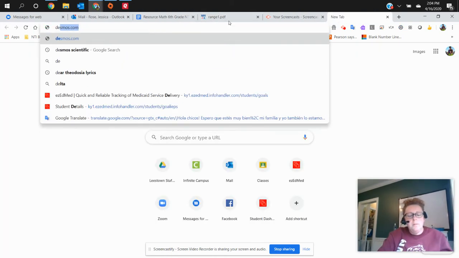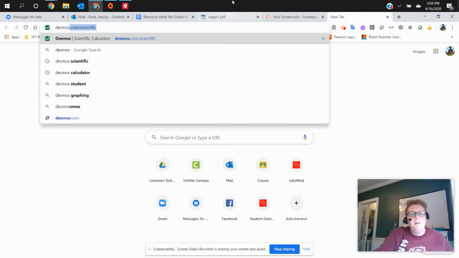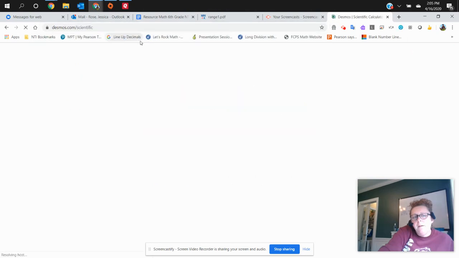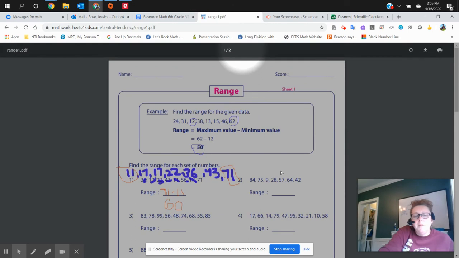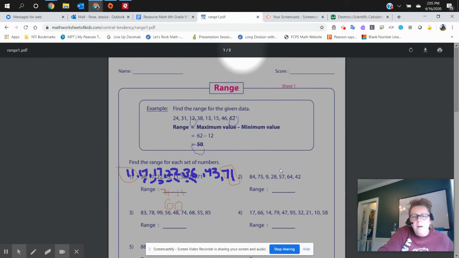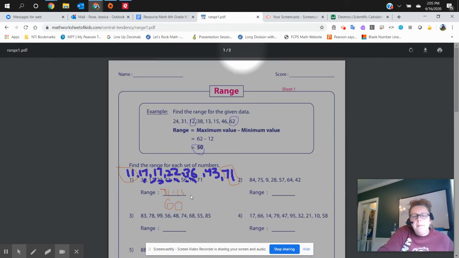Remember that when you just type Desmos into a Google browser, it's going to pull up the one that you need to use, desmos.com/scientific. This is a calculator that you can use if you have no cell phone or you don't have a calculator at home. So you can always use this one. Go back to our range. Okay, so the answer for number 1 is there, 71 minus 11, and 60 is our answer. That's our range. Okay, let's go ahead and do number 2.